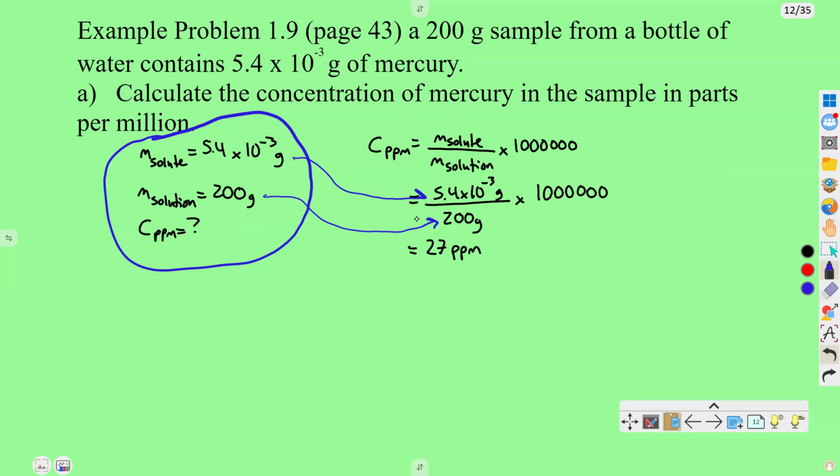We then do our division, multiply it by 1 million, and you get 27 parts per million. Now you might be saying, okay, sig digs, are we good with that? Yep, because we have 2 sig digs in our mass of the solute and 3 sig digs in our mass of the solution, so our final answer needs 2.